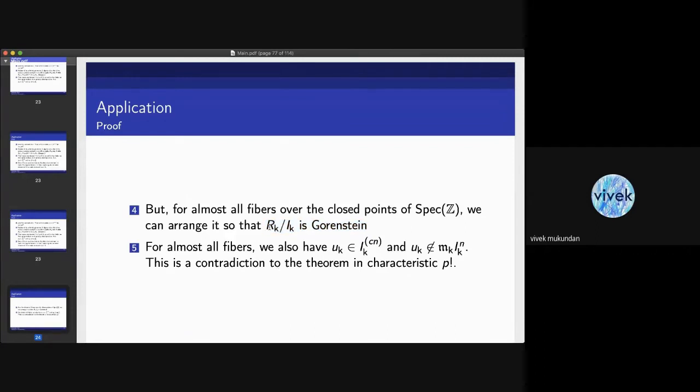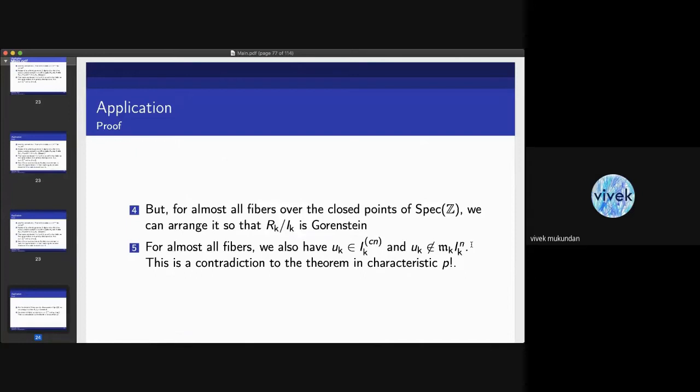But for almost all fibers, if R mod I is Lorentzian, then this cannot hold true because we have already proved it in characteristic P. The proof of the characteristic P case also takes a couple more steps. I thought I'll restrict myself to the reduction to characteristic P case.